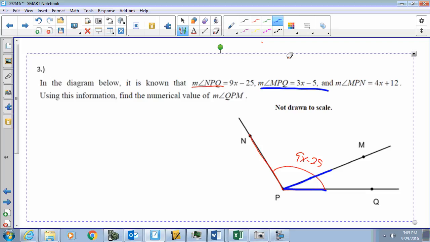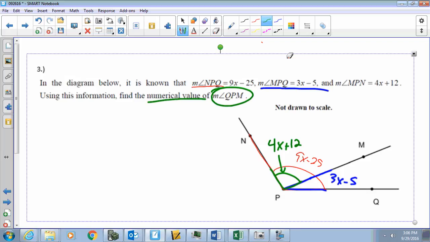And that is 3x minus 5. And then NPN is going to be this one right here. So that is 4x plus 12. So they're asking us to find the numerical value of QPM.